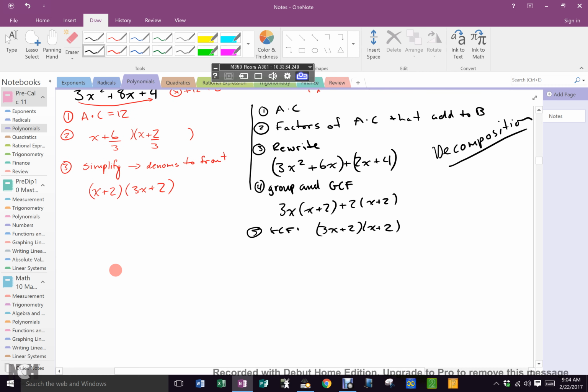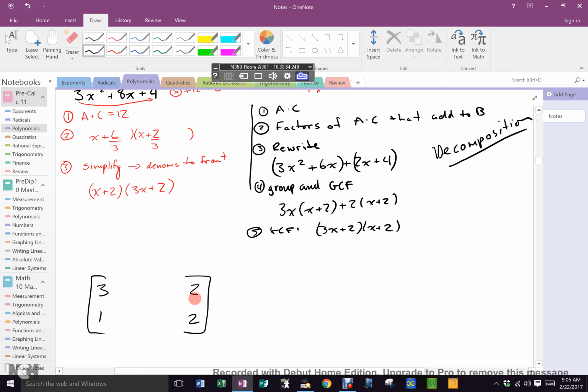The first time I saw it was like 6 years ago by a Korean exchange student. And they made a box. And they put numbers in the boxes, like the factors of 4 are 2 and 2.